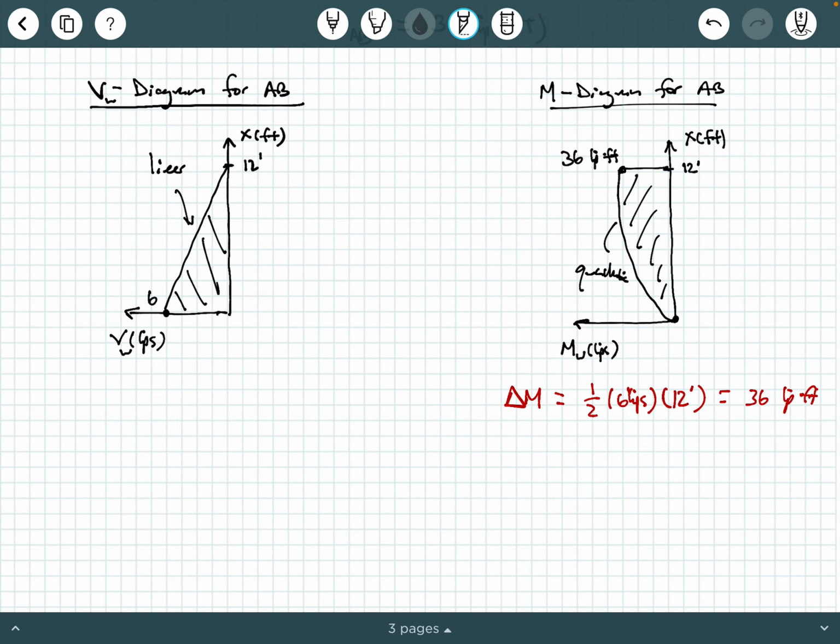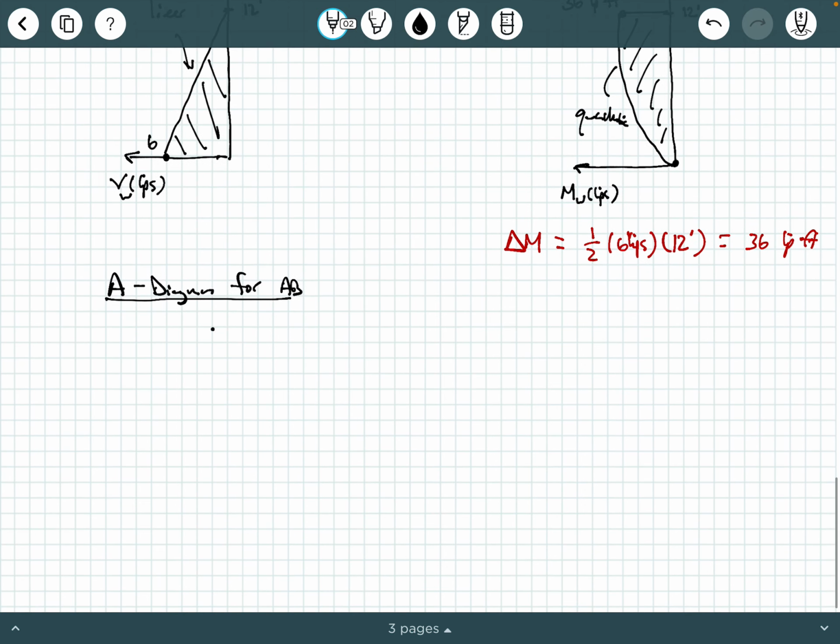And then, of course, we can have an axial diagram due to the wind load. So axial diagram for AB. Draw that a little bit better. And the axial diagram will just be constant, okay?